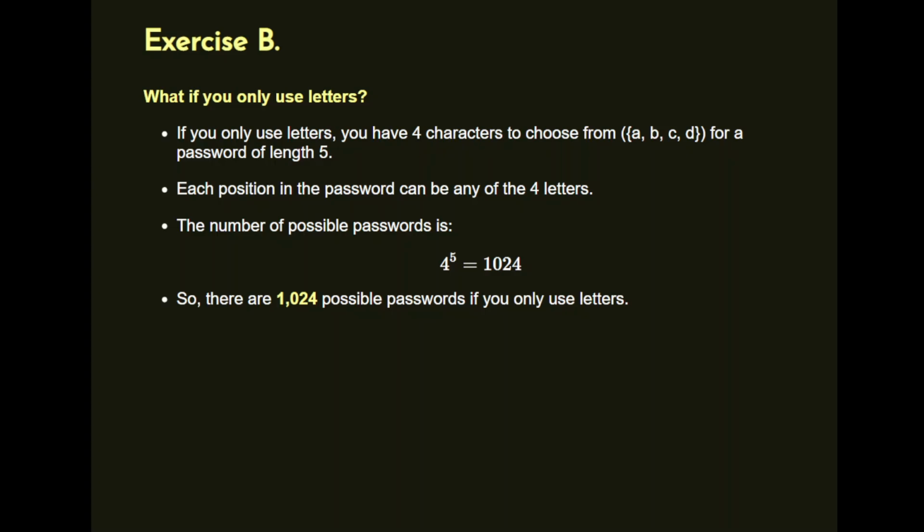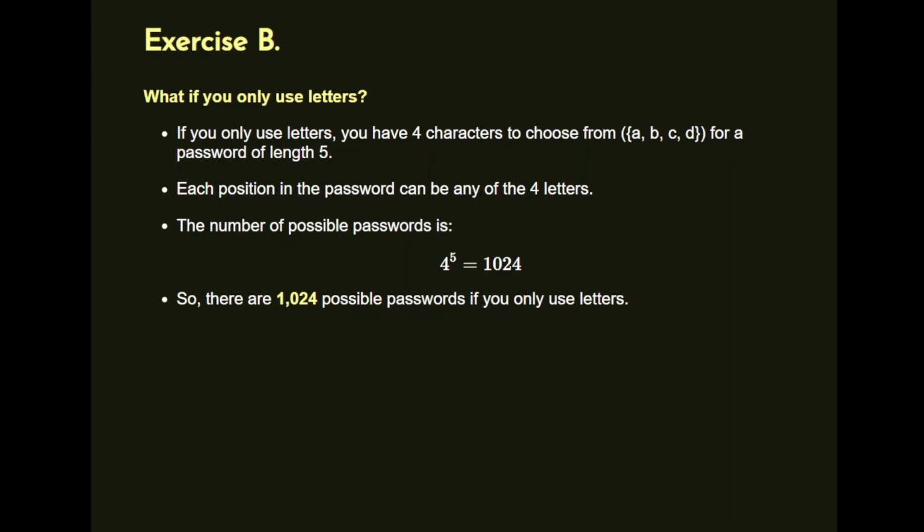Each of the 5 assignments is independent of the others, so we don't have any restrictions based on what has been chosen before or what will come later. So the number of possible passwords is 4 to the power of 5, which is 1024. There are 1024 possible passwords if you only use letters.